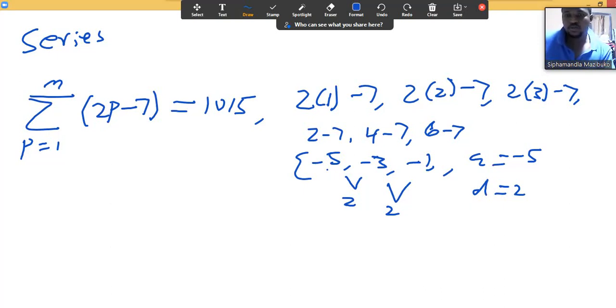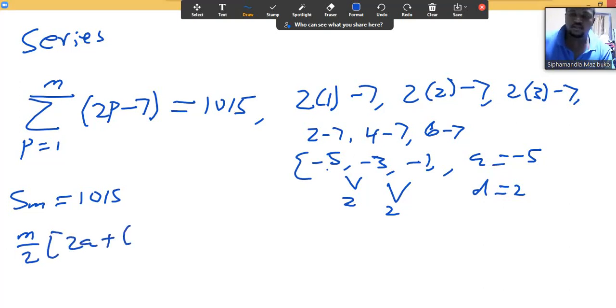What we know is that the sum of m is equal to 1015. But what is the sum of m? The sum of m is m over 2 into 2a plus m minus 1 times d, and we know that this is equal to 1015.